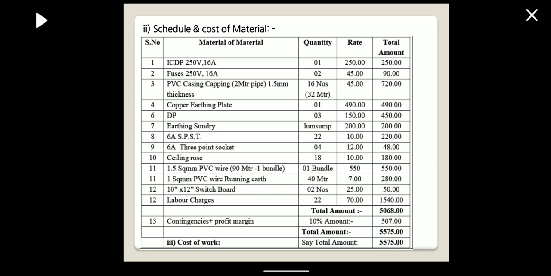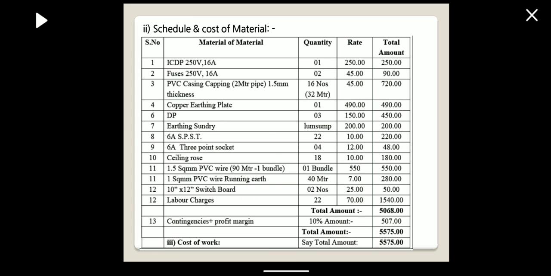Then 6 ampere SPST, single pole single throw switch. It is required 22, because the total quantity is 22, at 10 rupees per head. So total amount is 220 rupees. 6 ampere 3-pin socket, so it is 4, at 12 rupees per head, so 48. Then ceiling roses required 18.